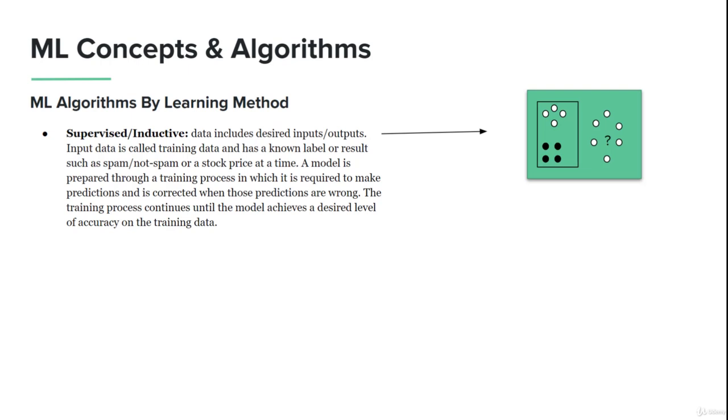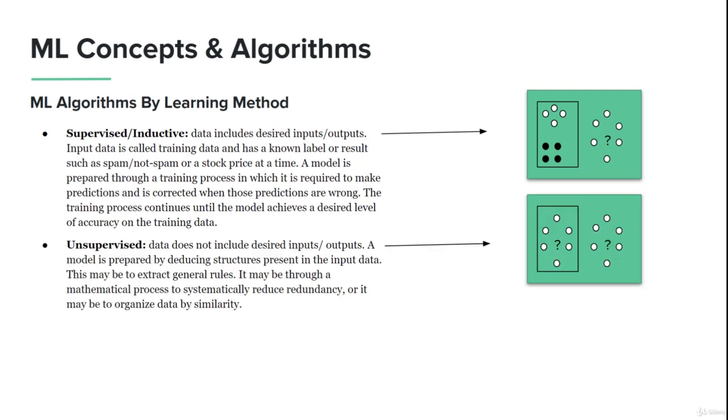We're easily able to understand, based on the inputs, what we're looking to accomplish: is something spam, or is something not spam? And then we have the unsupervised. This is where the data does not include a desired input and output. The supervised learning method has the actual inputs and outputs; with the unsupervised, we don't have any of that, so we're essentially working with something from scratch.